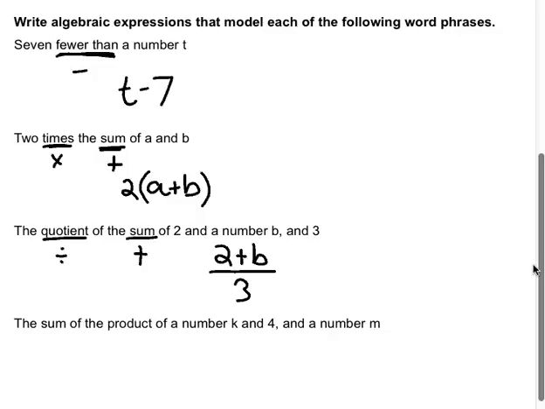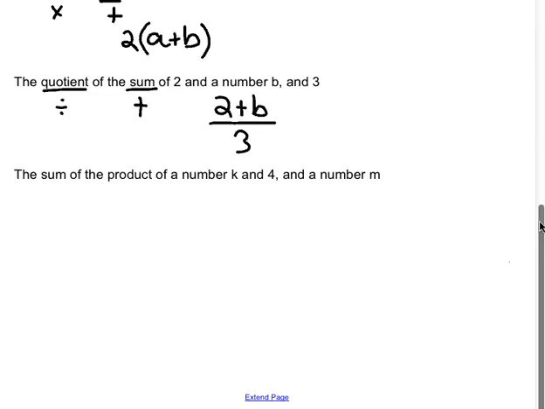The sum of the product of number 4 and k and number m. So here, sum means addition, product means multiplying. So the product of k and 4 would look like that.